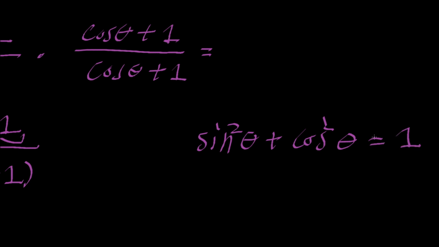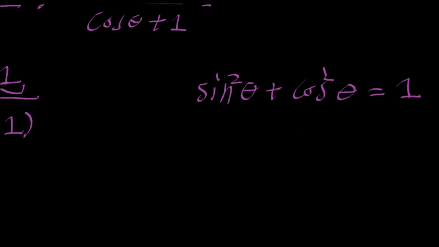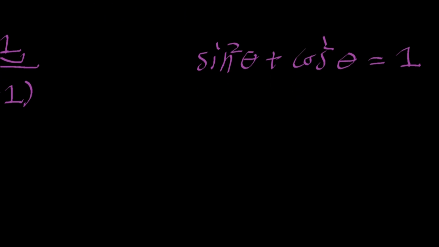It's pretty easy to prove if you just think about the unit circle and the Pythagorean theorem. It's just base squared plus height squared is equal to the radius squared, which is always 1 in the unit circle.